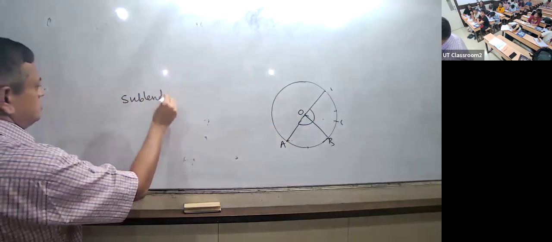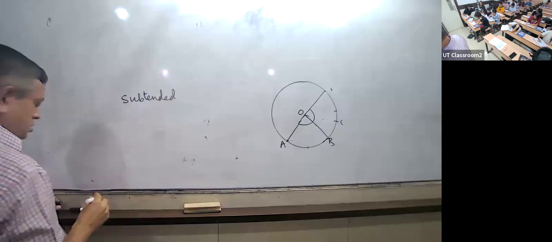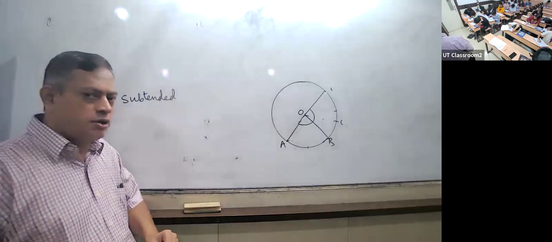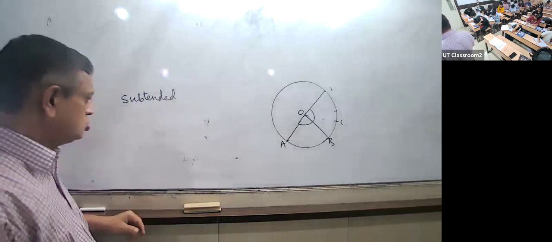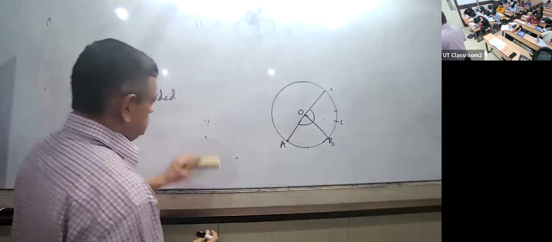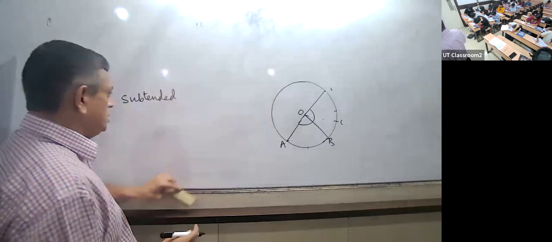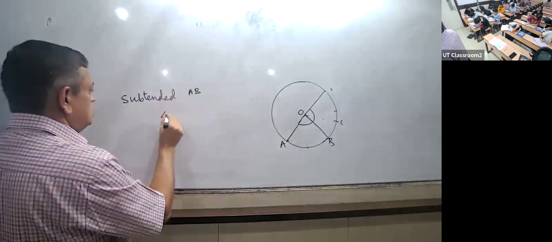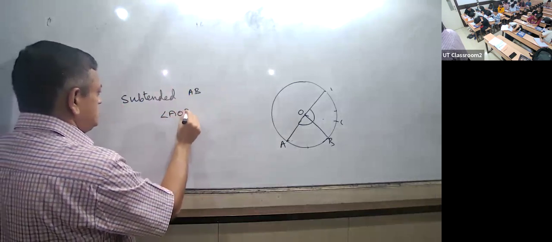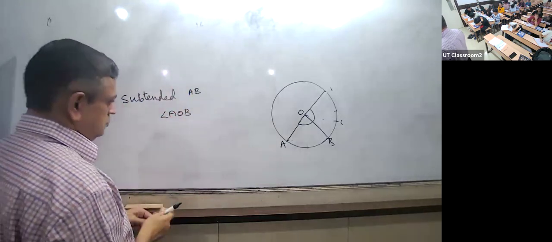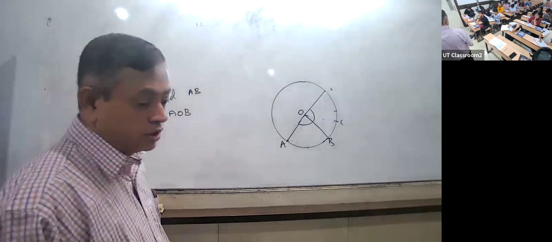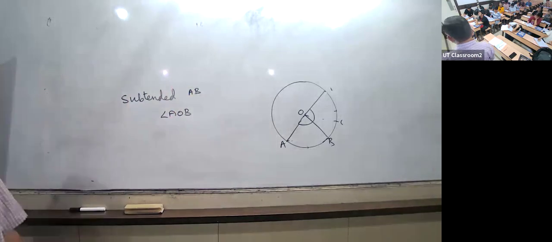Angle subtended by minor arc AB at the center O is angle AOB.